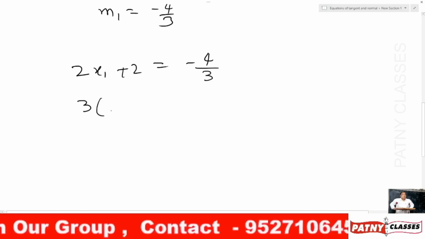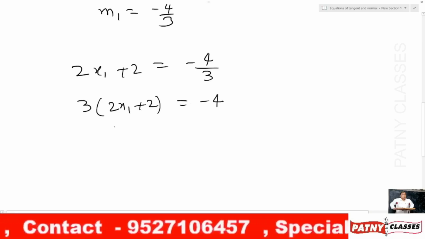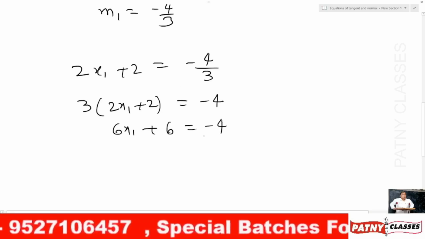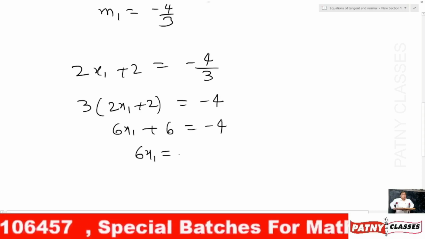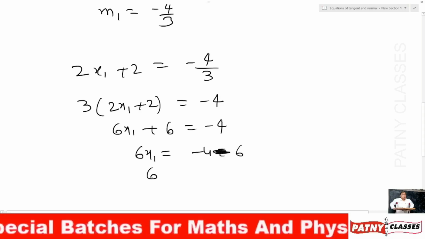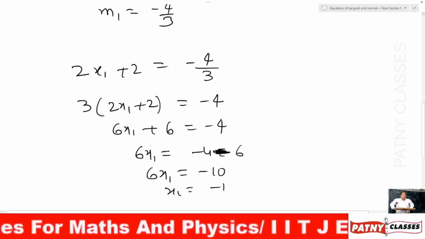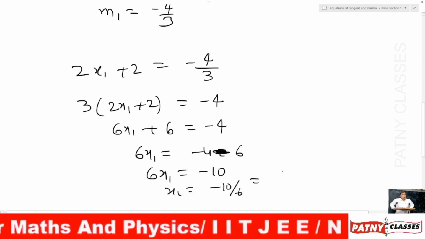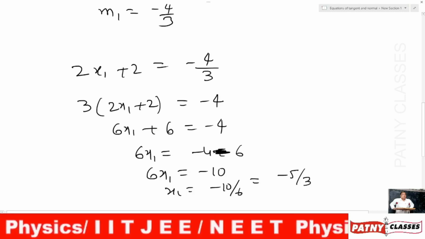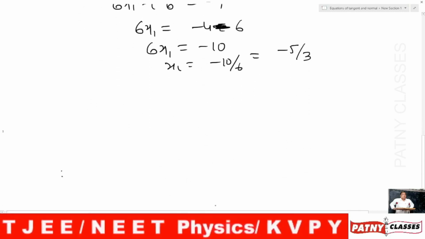Cross multiplication: 6x1 plus 6 equals minus 4. 6x1 equals minus 4 minus 6. 6x1 equals minus 10. x1 equals minus 10 by 6. Cutting it by 2, I get minus 5 by 3. So x1 equals minus 5 by 3.